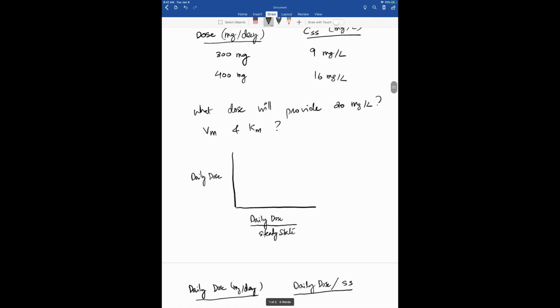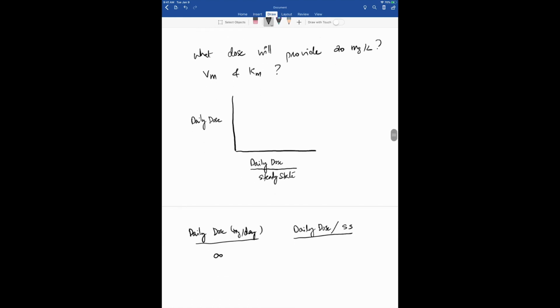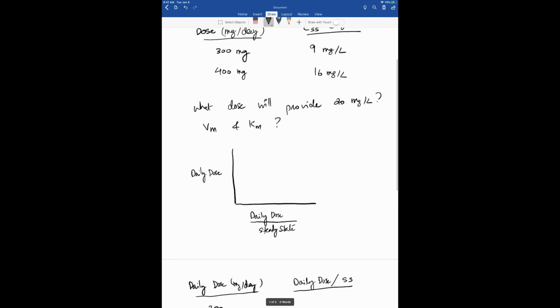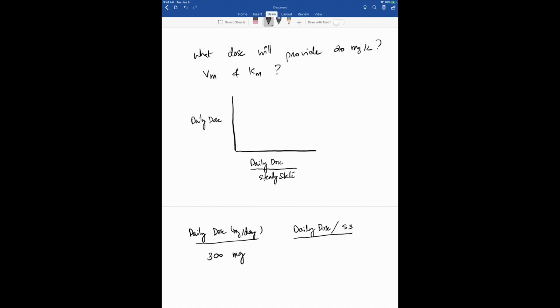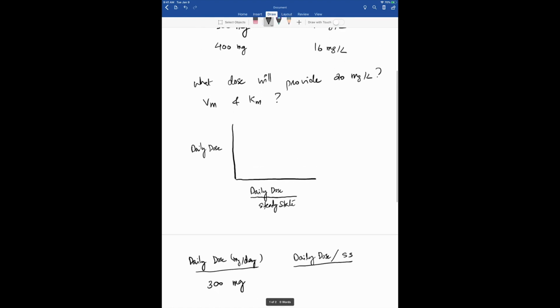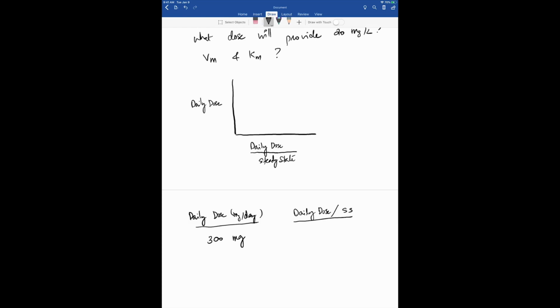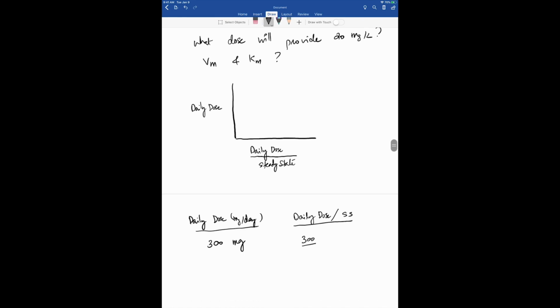So for 300 milligrams, the daily dose divided by steady state is going to be 300 milligrams divided by 9. So that is 33.33.